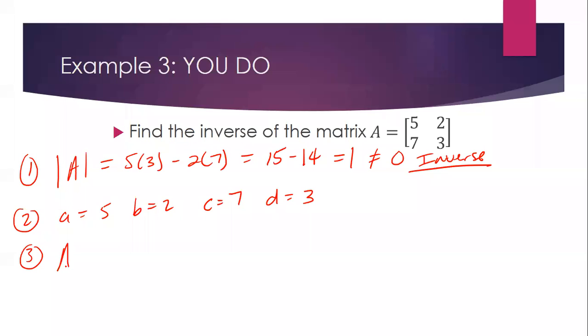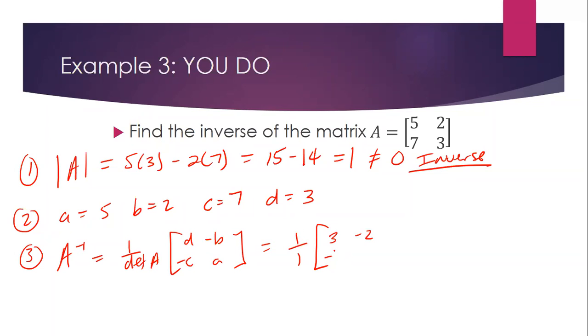Plugging into the formula, 1 over the determinant of A times D, negative B, negative C, and A. So that gives me 1 over 1 times, and this one's pretty easy, 3, negative 2, negative 7, and 5. 1 times anything is itself, so step 4 is done.